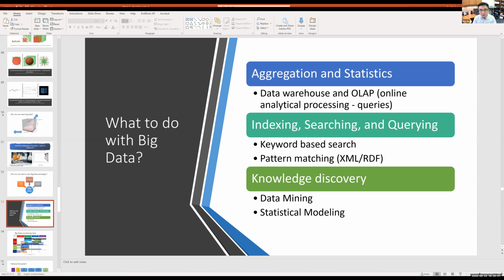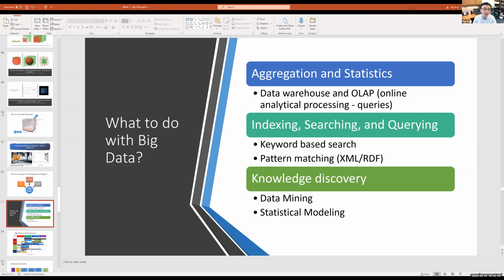The terms we use for big data aggregation and statistics are data warehouse and OLAP, online analytical processing, or what we call queries. The second function is indexing, searching, and querying. Let's use Amazon as the second example.